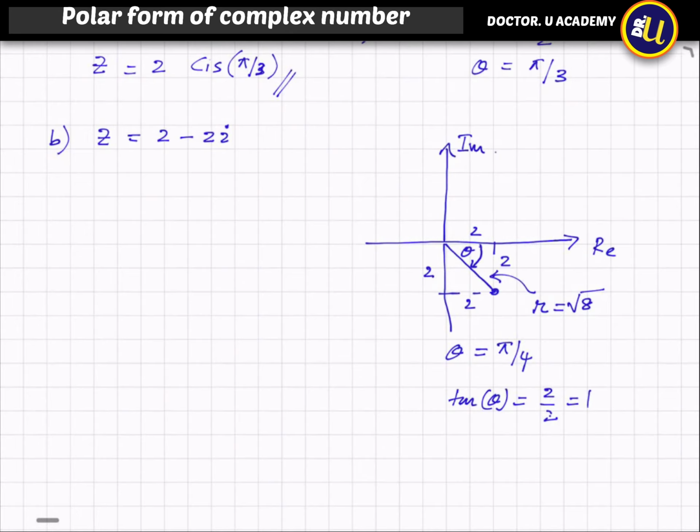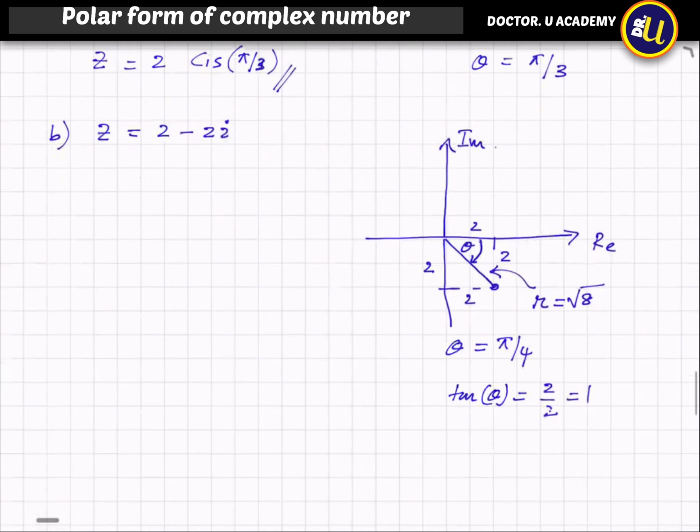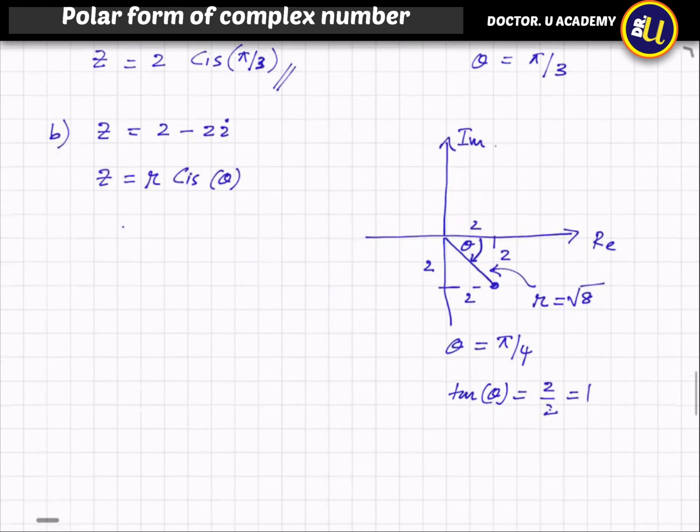Now how to write this? We understand that we have to write the cis form. So r cis theta. We know r here, which is square root of 8. Now we need to write the cos theta value plus i sin theta value.